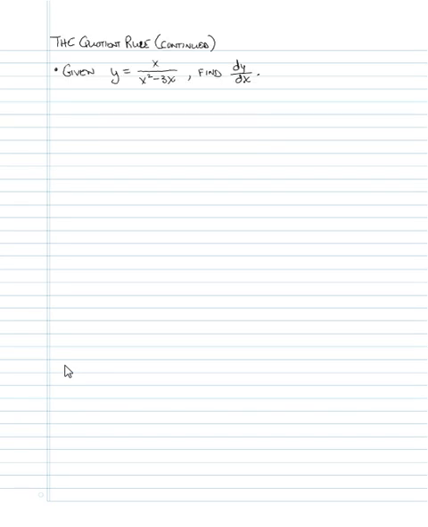Here you see that we have y is equal to x over x squared minus 3x, and we're to find the derivative of y with respect to x. So this is actually just the reciprocal of the fraction we had before. In this case, we must use the quotient rule.